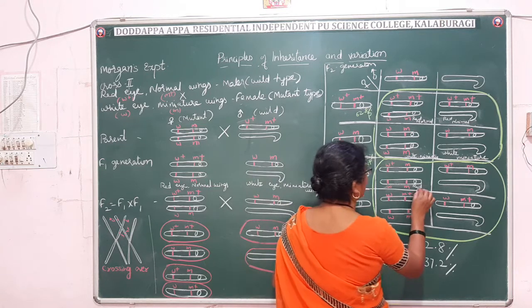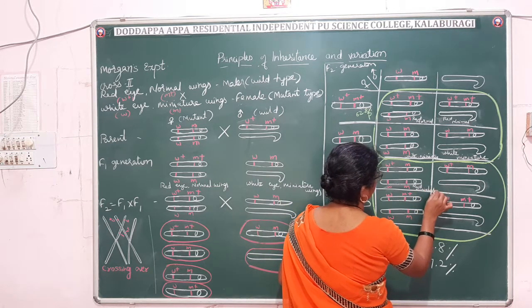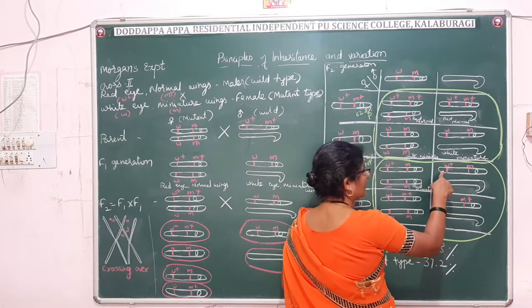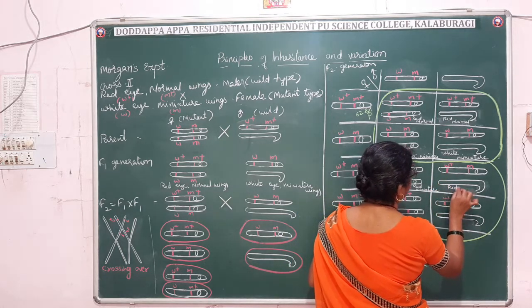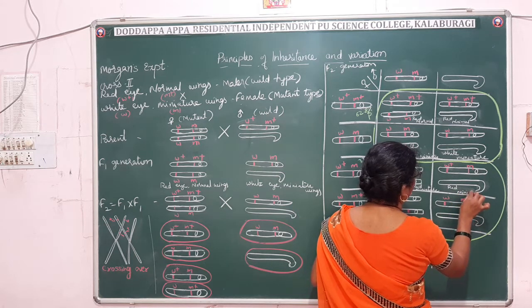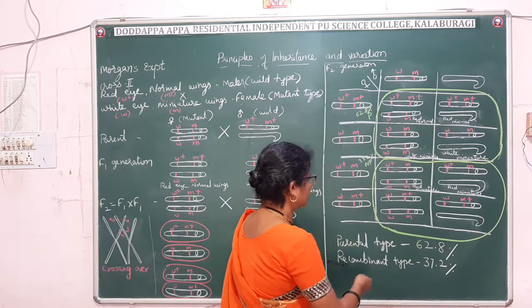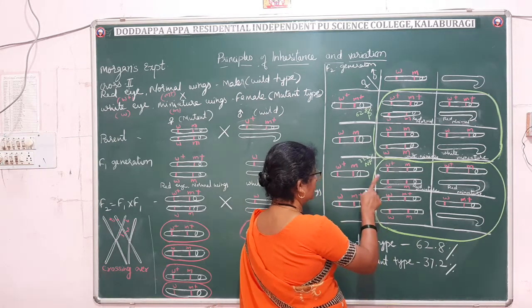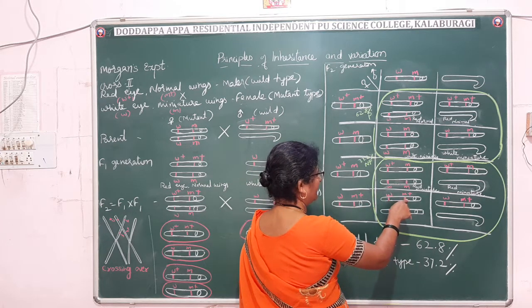So the wings are miniature, or you can write vestigial wings also you can say. And in the male also red eye with the miniature wings. Fine.